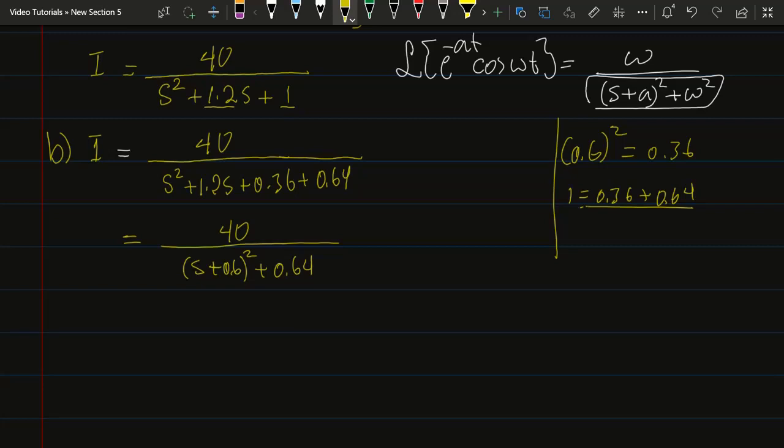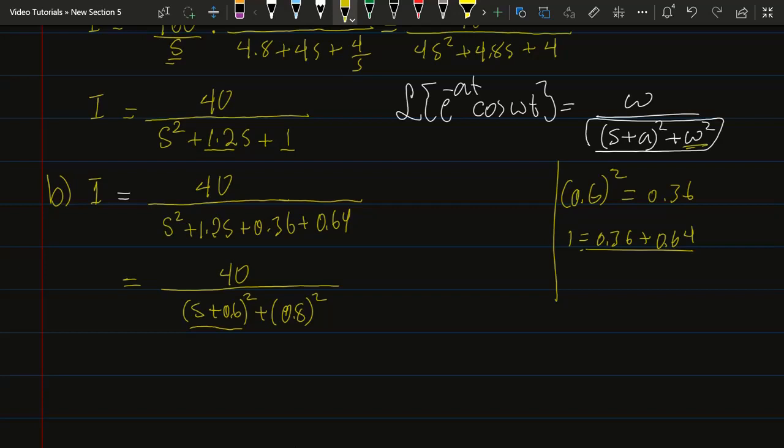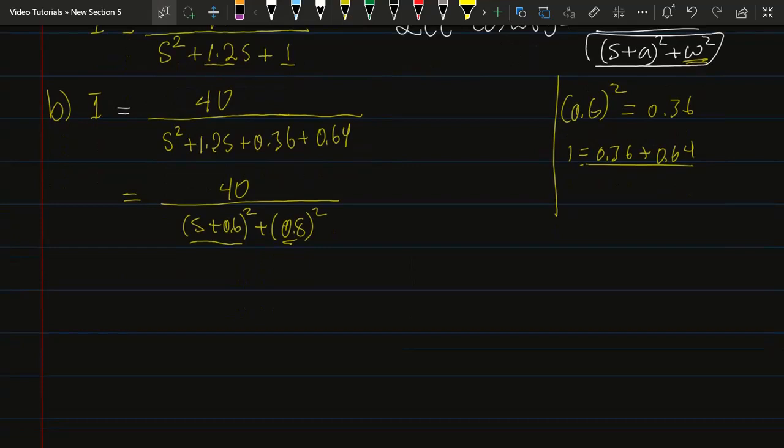So when you open this up, it will be s square plus 1.2 s plus 0.36, which is correct. And this 0.64, I will just rewrite as 0.8 square. So omega now is equal to 0.8. Now the thing is that I need 0.8 up here, but I cannot just multiply by 0.8, so I need to divide by 0.8.